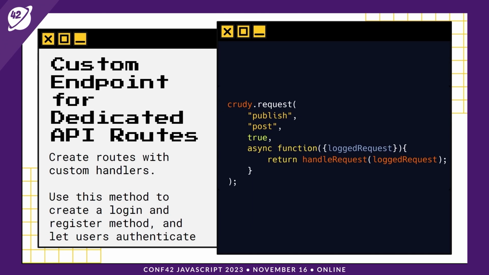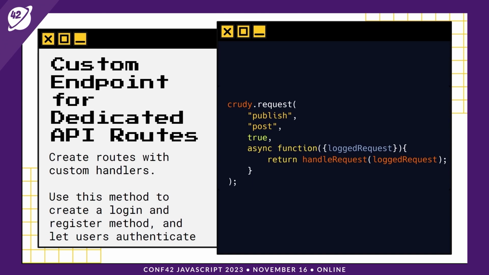Then the request is handled with the function handleRequest. You can use this method to create a login and register method for crudit, so you can implement yourself the login and registering method you are more confident about.